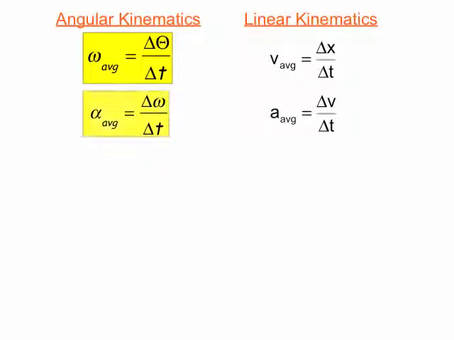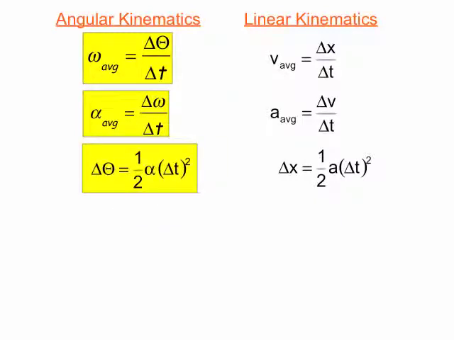Same thing here: average angular acceleration is the angular velocity over time. You can find displacement in one-dimensional motion by going 1/2 a delta t squared. You can find the angular displacement by going 1/2 times the angular acceleration times delta t squared.